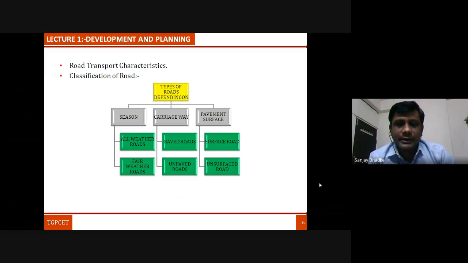It can also be subdivided into all-weather roads, paved roads, and surfaced roads. It is also subdivided into fair-weather roads, unpaved roads, and unsurfaced roads. These are the basic classifications of roads, which play a very important role while we are studying traffic engineering.